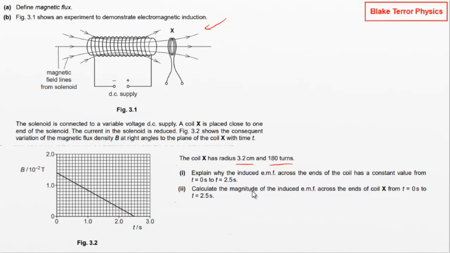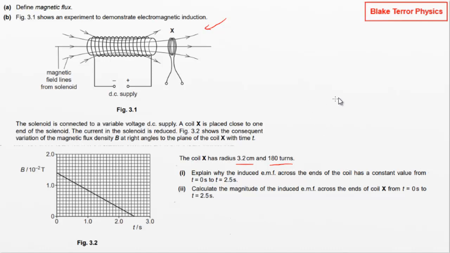Explain why the induced EMF across the ends of the coil has a constant value from t is 0 to t is 2.5 seconds. So why does this gradient, this straight line, mean that we've got a constant induced EMF?